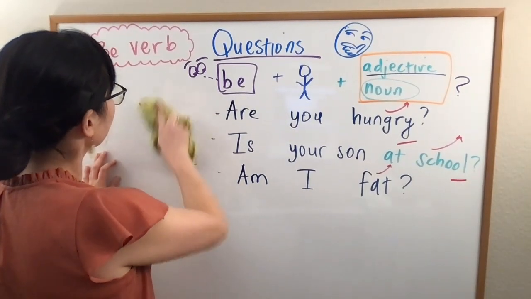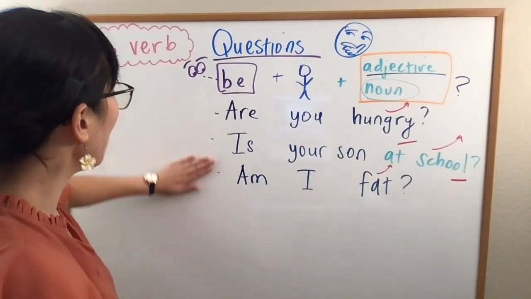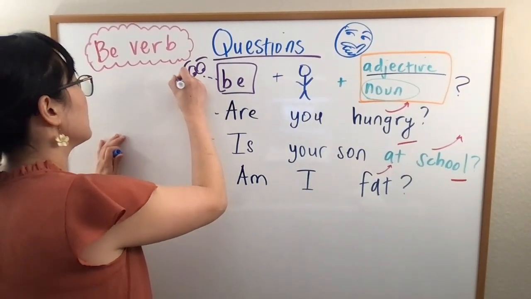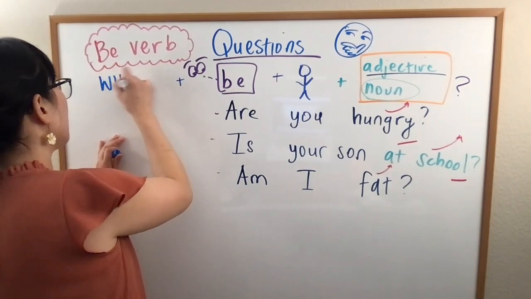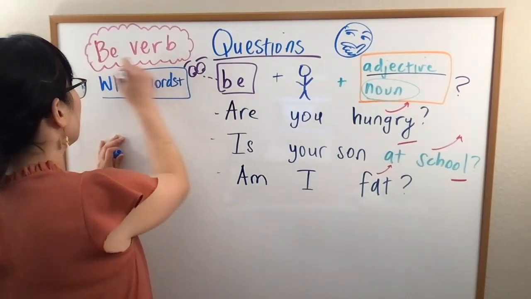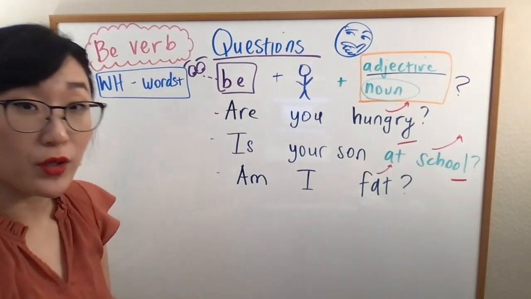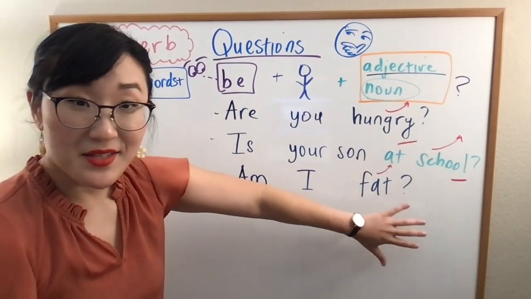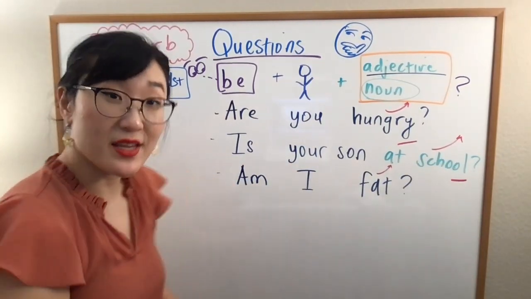Okay. I'm going to add one more box here. This box is going to have WH words. These are called WH words. Let me erase this and we'll look at some different examples.